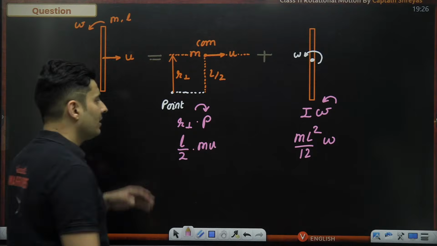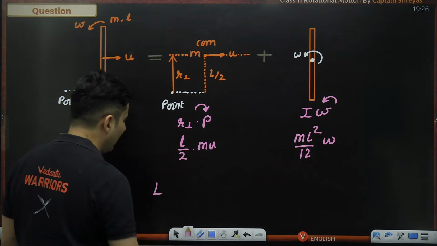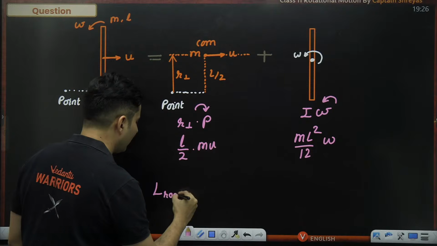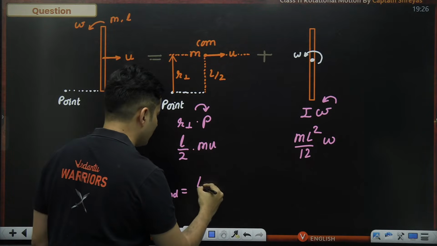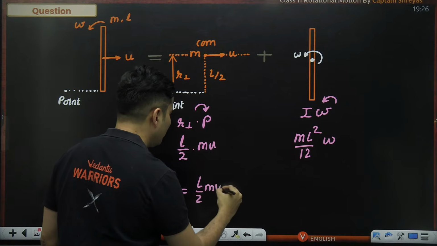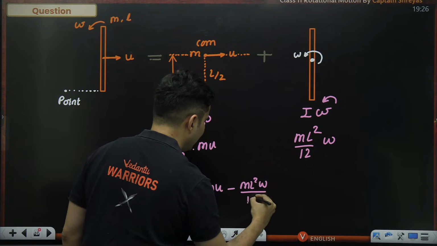So bear in mind, one is clockwise, one is anti-clockwise. When you find the total angular momentum of that rod, one will be positive, one will be negative. You can take any one as positive. So L by 2 into mu minus ml square omega by 12.